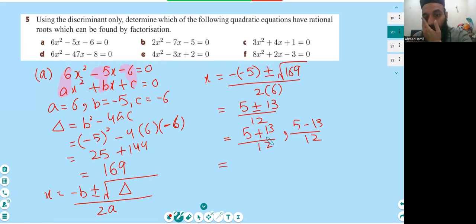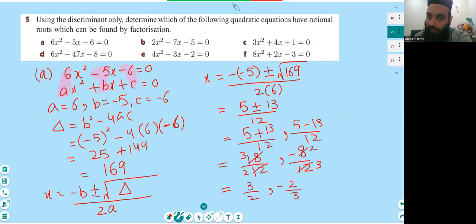So we get 18 over 12, and this is obviously minus 8 over 12. So 18 over 12 gives you 6 3s are 18 and 6 2s are 12. Similarly, 4 2s are 8 and 4 3s are 12. So we get 3 over 2 and minus 2 over 3, and they are rational numbers, obviously, right? So whenever the discriminant is a perfect square, that means the roots will be rational. Got it?